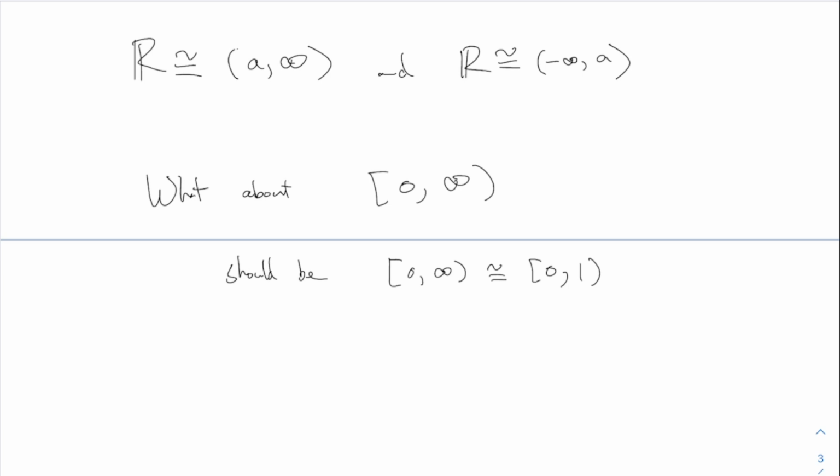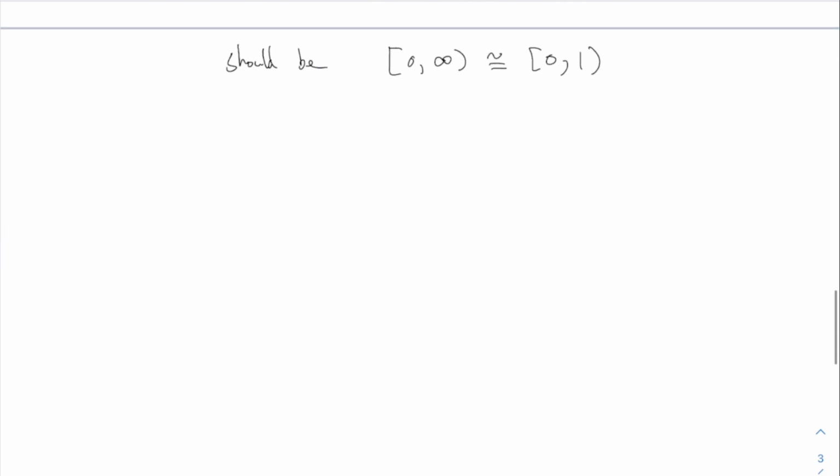Let's try and think of a function that makes that happen. You need a function where the domain is only 0 to infinity, so you can plug in 0 and any number greater. Actually, it's a little easier to do this the other way around.